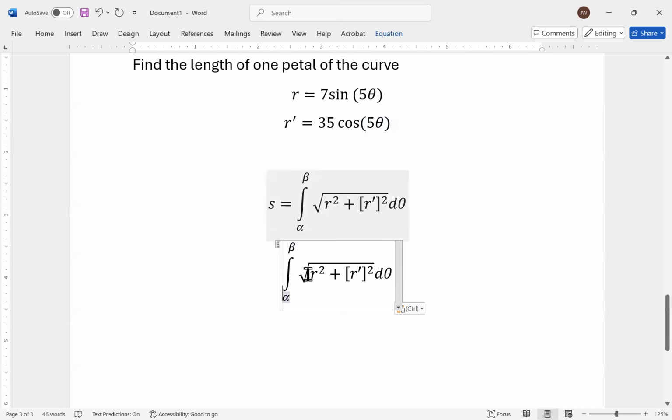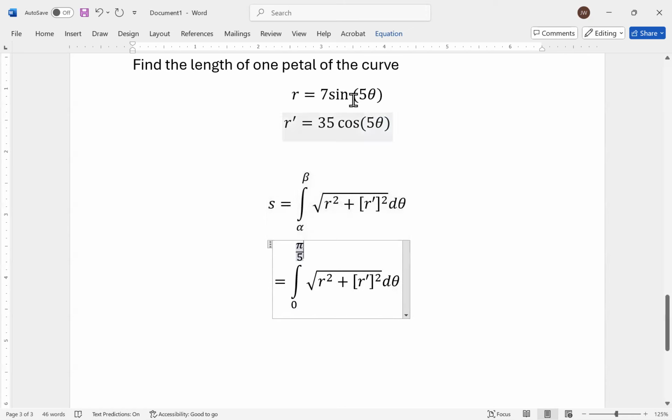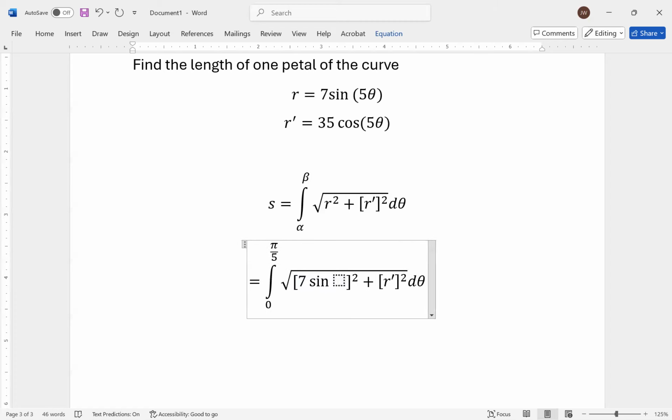Like I said just a second ago, if I want to do the first loop, it's from 0 to pi over 5. You could figure that out algebraically as well by setting r equal to 0. The r squared is going to be 7 times sine of 5 theta, quantity squared.